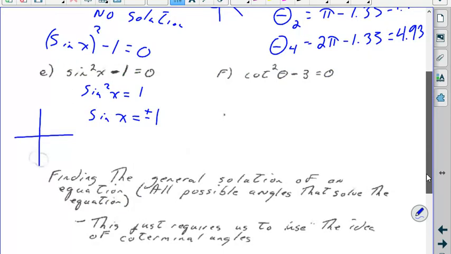Sine x is equal to plus 1 up there. That's off my cardinal points. And sine x is equal to negative 1 down here. We kind of have those ones memorized. One solution is pi over 2, and the other solution is 3 pi over 2.